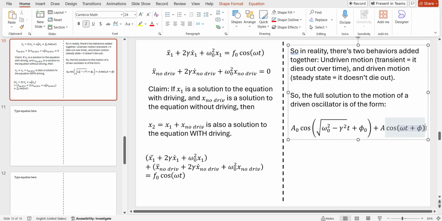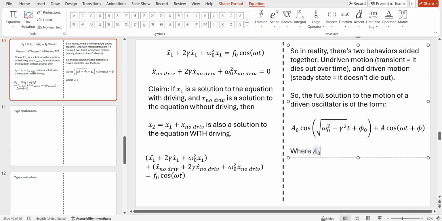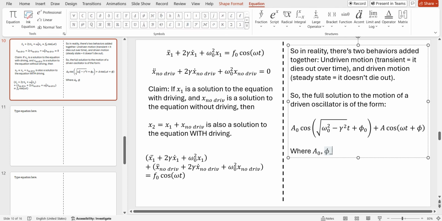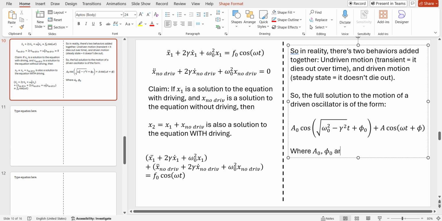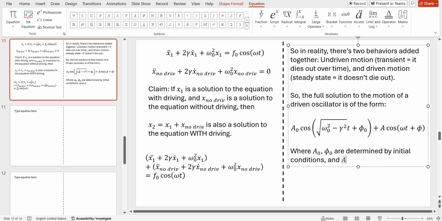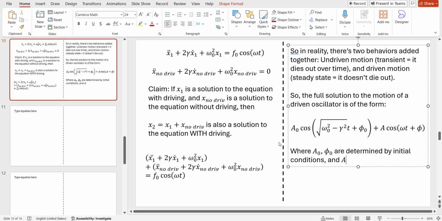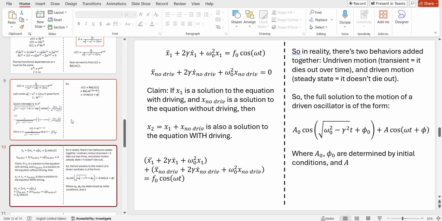Let's describe these different A's, where A naught and phi naught are determined by initial conditions, and A equals what we found already, which I can copy.